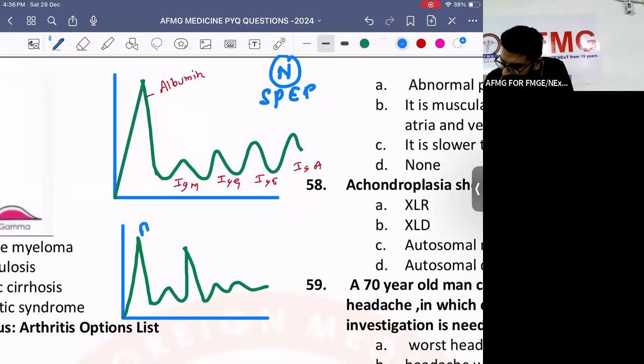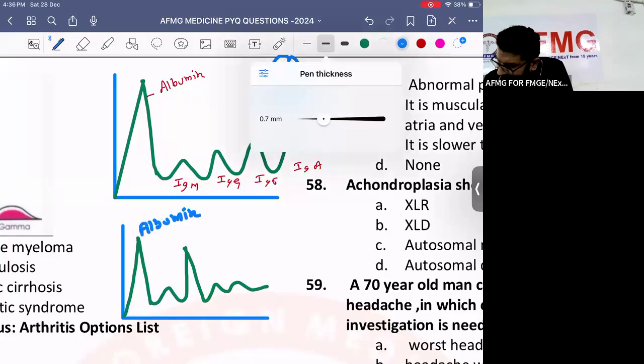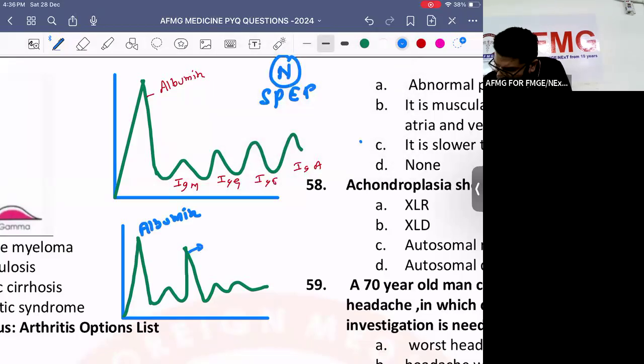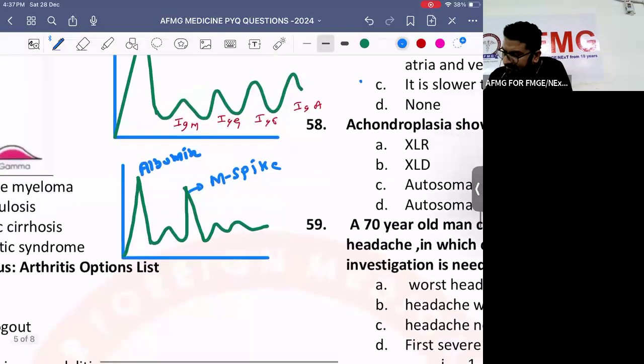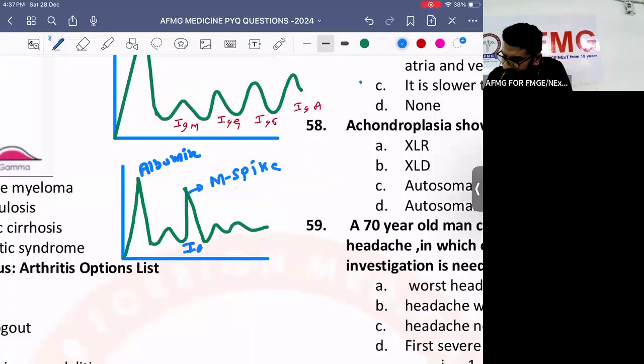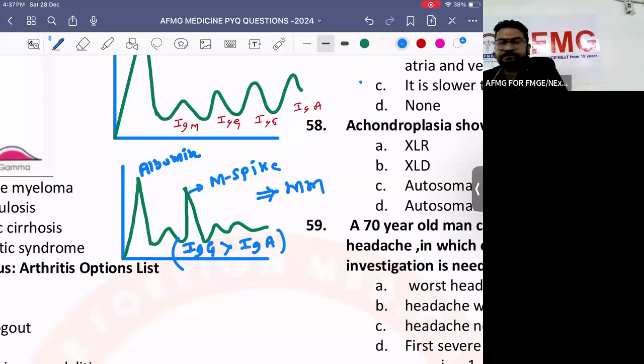So this is the spike of albumin, and you will see one more spike, which is called M spike. और ये स्पाइक किससे छोटी होगी? एल्बुमिन से थोड़ी छोटी होगी. And this spike you will see in which area? IgG area, or sometime you will see this in IgA area. So this is the pattern you will see. इसको बोलते हैं church spire pattern, and it is seen in multiple myeloma. समझ आ गया?